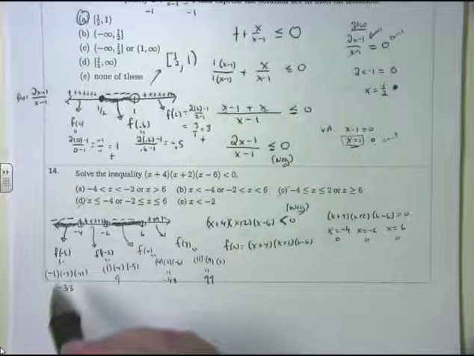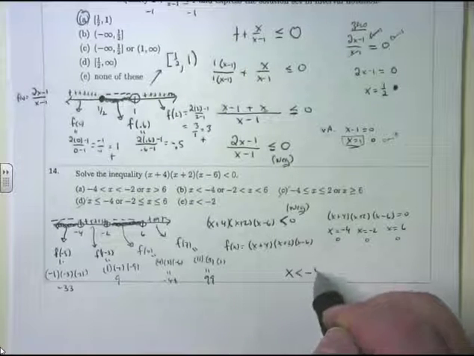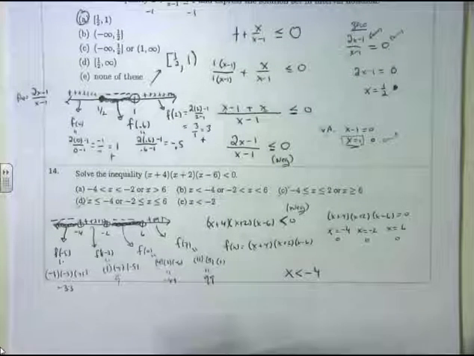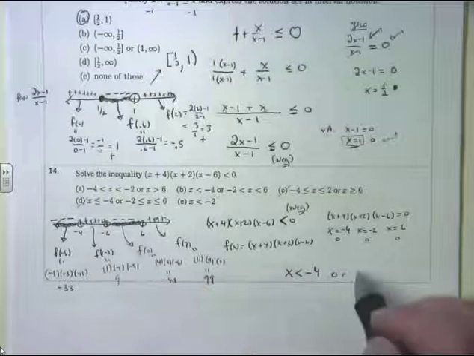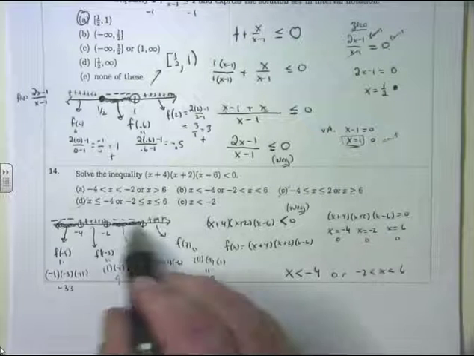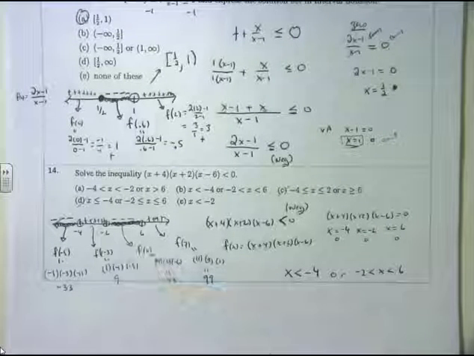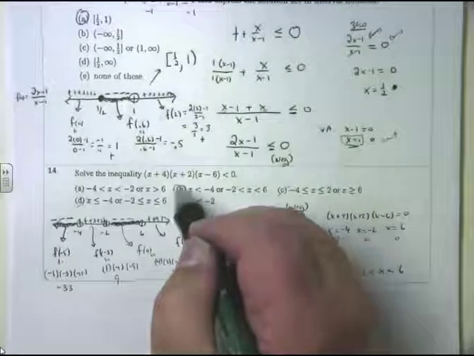So to read my number line in set notation, this would be x's that are less than negative 4, because we don't want to be equal to negative 4, or negative 2 is less than x, which is less than 6. The x's are between negative 2 and 6, which makes my answer B.